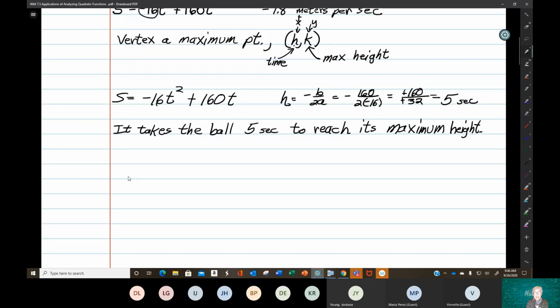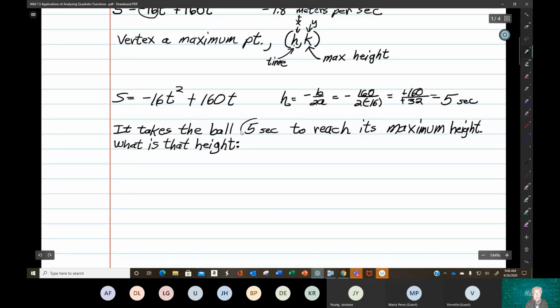Now, what is that height? This is why even if, like in this problem, they didn't ask about the time, they only ask for the height, you've got to find the time before you find the height. This is how you find the height.